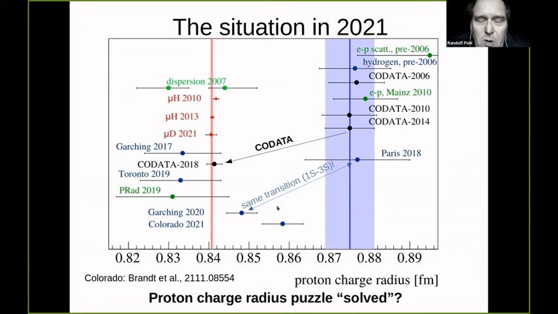So it's maybe not yet solved, but there is a motion towards smaller radii, I guess, and in particular with this elastic electron proton scattering measurement here.